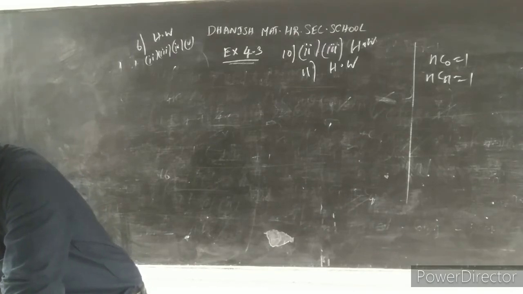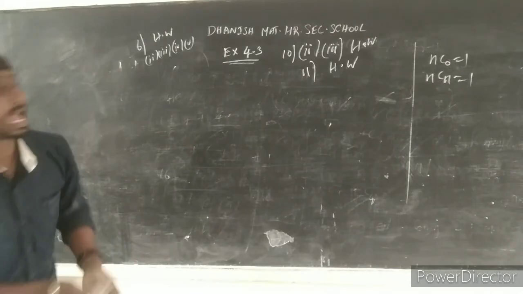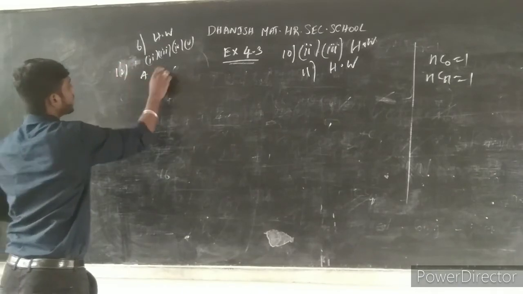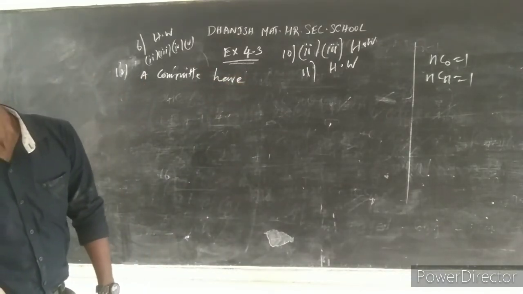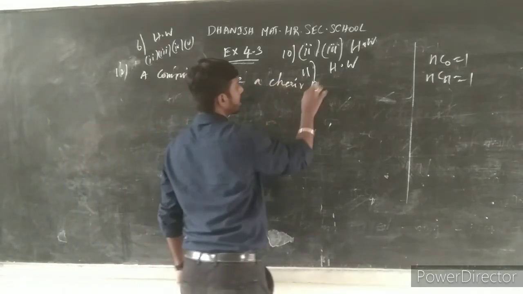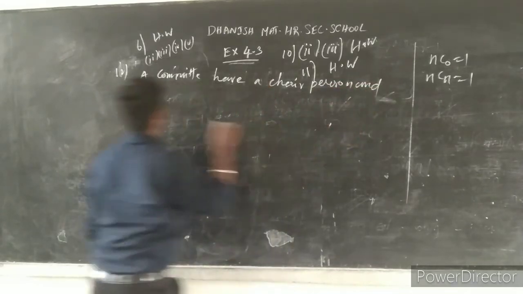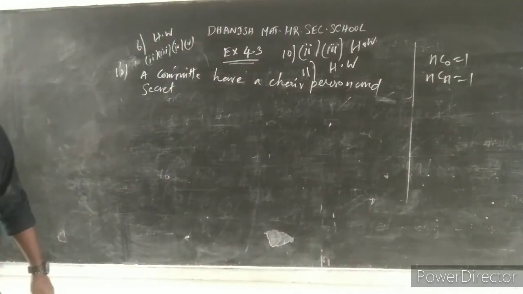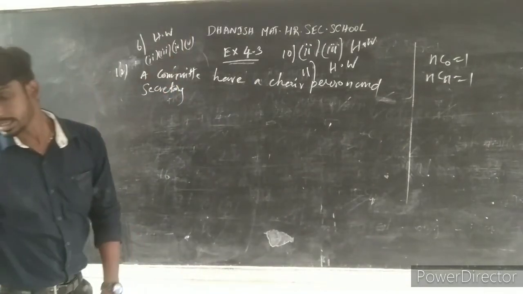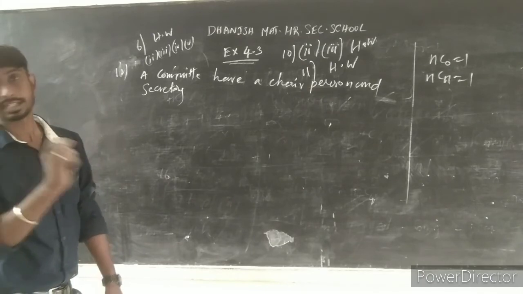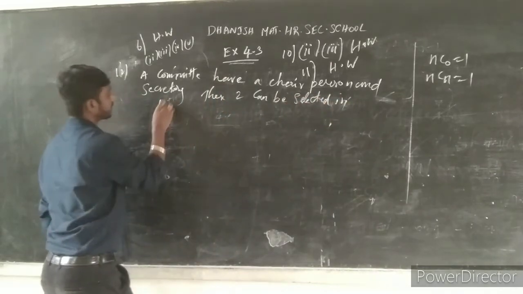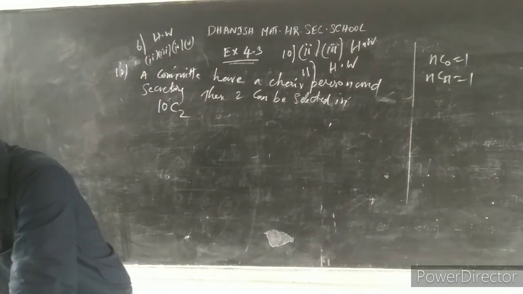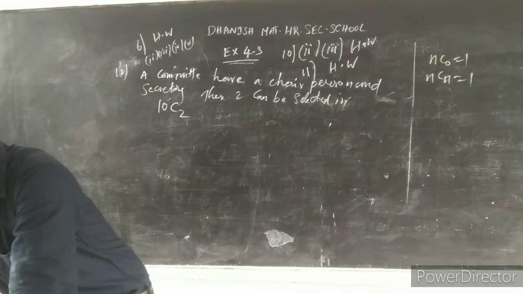These two can be selected in 10C2 ways, because the committee of 6 persons is chosen from 10 persons along with the chairperson and the secretary.